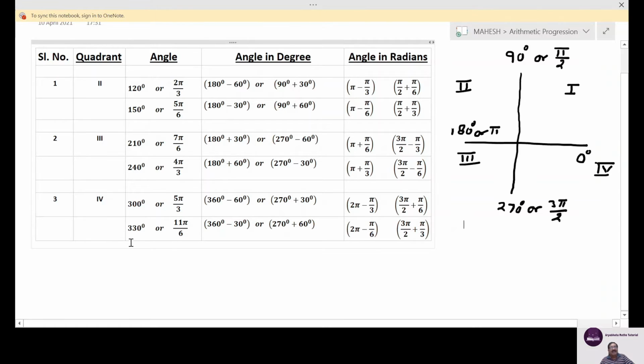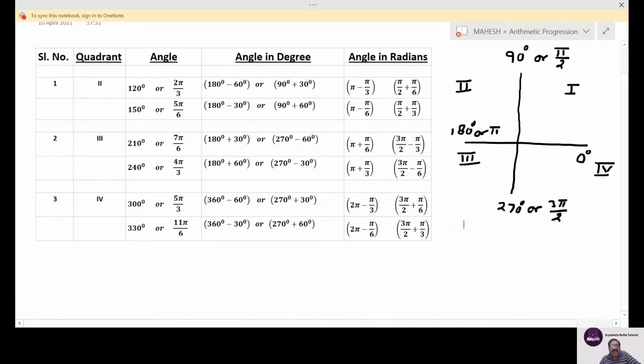Similarly, 330 degree or 11 pi by 6 also lies in the fourth quadrant. 330 degree can be described as 360 degree minus 30 degree or 270 plus 60 degree. Similarly, 11 pi by 6 can be described as 2 pi minus pi by 6 or 3 pi by 2 plus pi by 3.